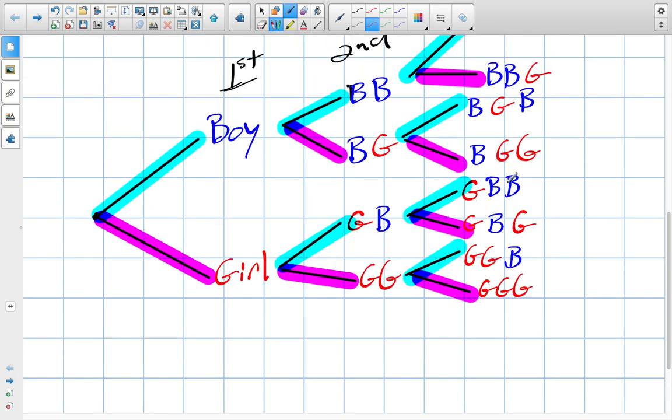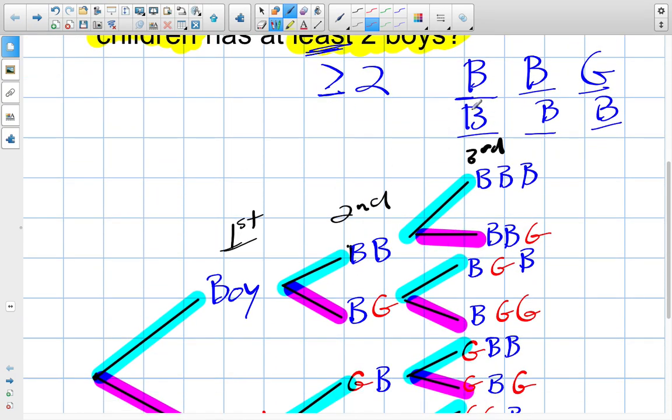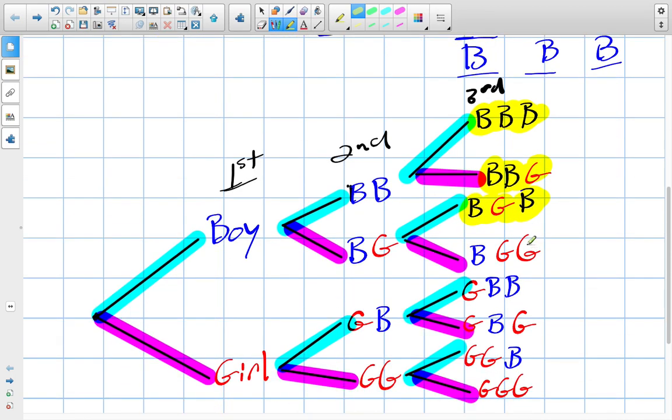How many of these have at least 2 boys? I'm going to use the yellow highlighter to highlight at least 2 boys. So 3 boys, that's one of the options. Another option, 2 boys here. We also have 2 boys in our third option. Here we only have one boy, so this doesn't count. We have 2 boys in that option, and then 1 boy, and no boys. So look at this.